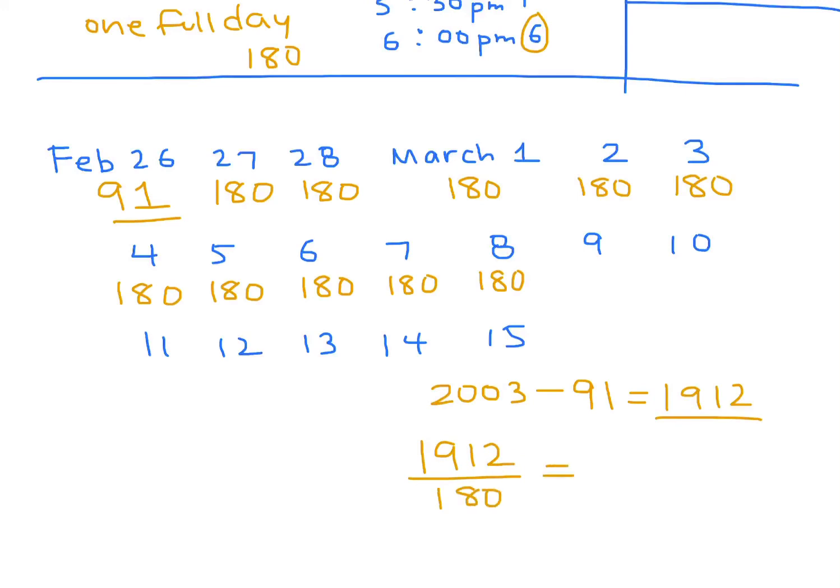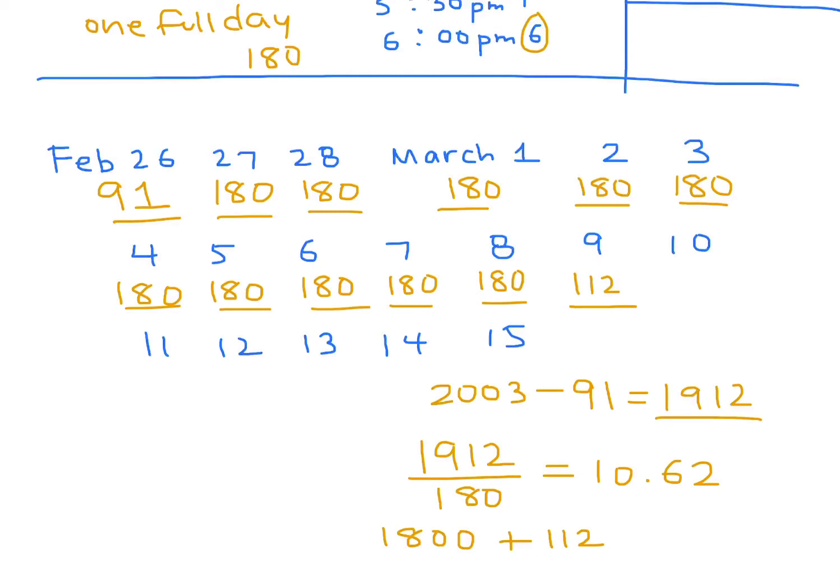If I do this, it's about 10.62 approximately. So that means 10 days have to go by. 1, 2, 3, 4, 5, 6, 7, 8, 9, 10. And in 10 days, it'll be 1,800 chimes, right? And then I've got an additional 112 chimes. And those 112 chimes occur here on March 9th.